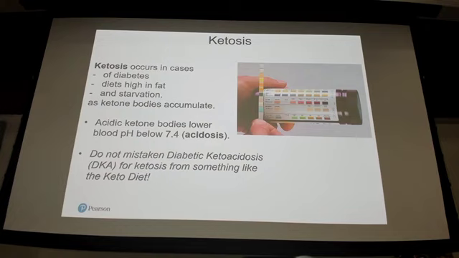And we know that acidic environments where it's not supposed to be acid in our body is going to cause a number of conditions. And so a person that undergoes severe diabetic ketoacidosis would need to be brought to the hospital immediately, and dialysis needs to occur to get that glucose and the ketone bodies out of the blood in order to return the blood to the normal pH range.